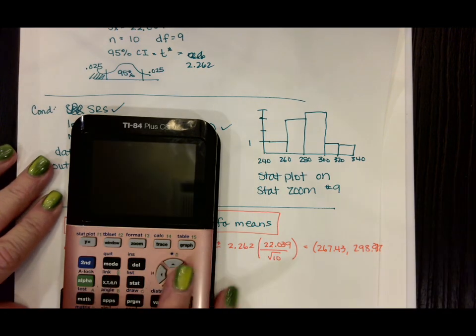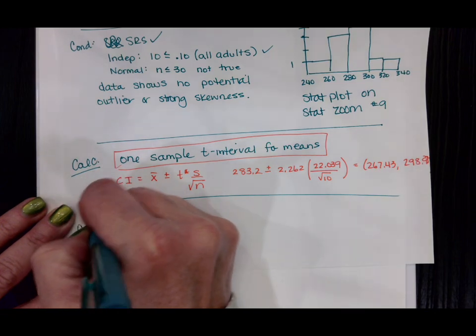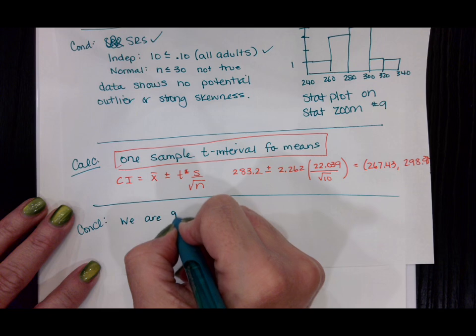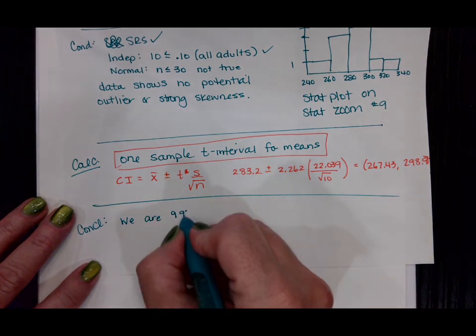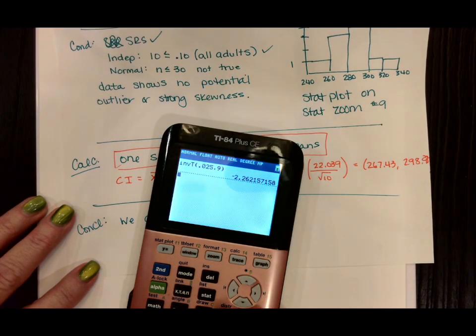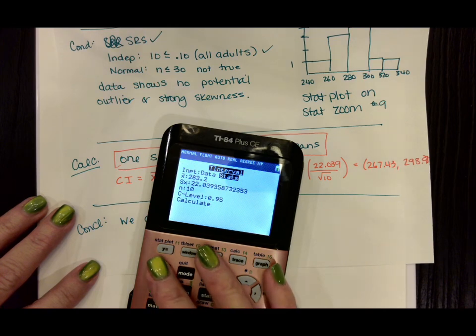So now let's do our conclusion real quick, and then we're going to be done with this. So my conclusion says we are 95... Hold on, I think I might have just run that wrong. Oh, no, I did 95. We're good.